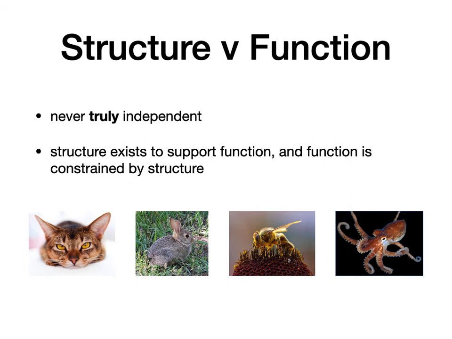An octopus lives underwater. A bunny's eyes are on the sides of its head, whereas a cat's eyes are on the front of its head. A bee has this complex mishmash of vision, like we've seen in their orb eyeballs. But the idea is that to understand each one of these eyes, even though they all have similar functions in the world, you need to understand their structure to make sense of them.